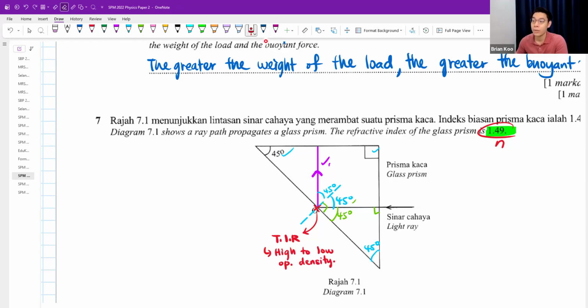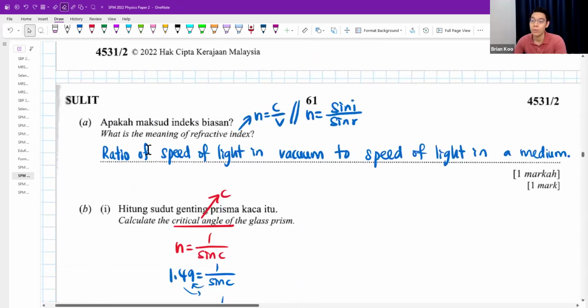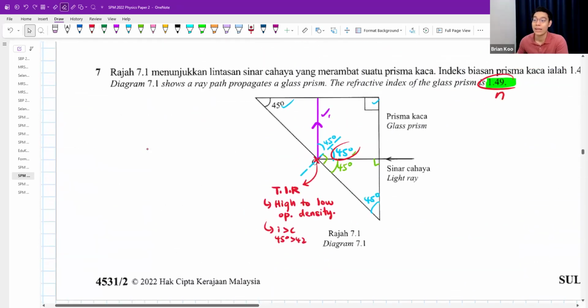It is trying to travel from glass, which is denser, to air, which is less dense. Number 2, because the incident angle is bigger than the critical angle. The incident angle is 45 degrees. It is bigger than the critical angle that you just found, 42.155 degrees. If you can fulfill these two criteria, then the light will get reflected inside.